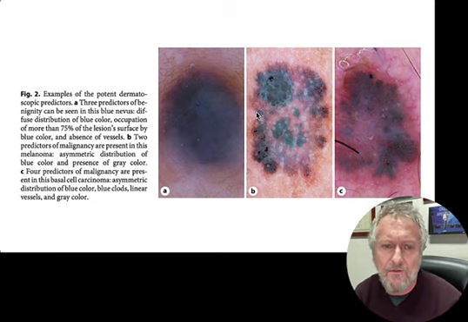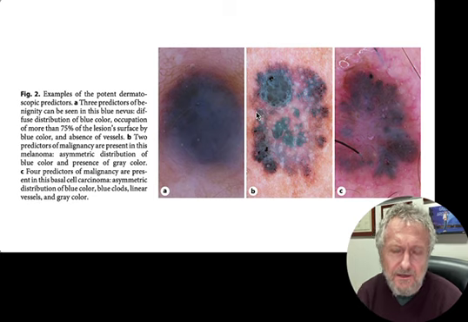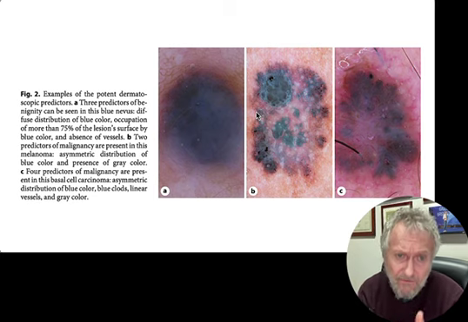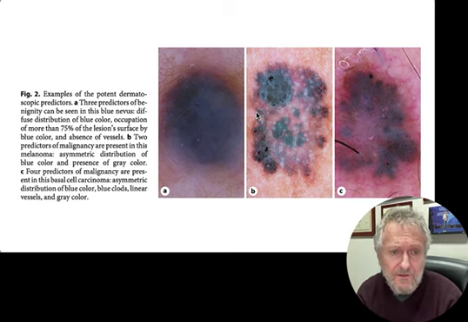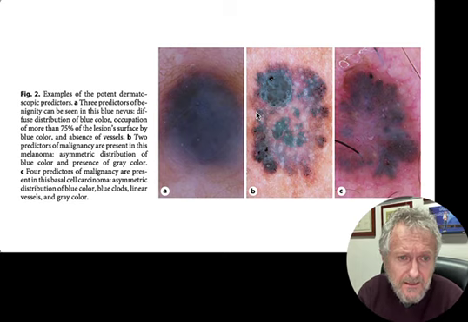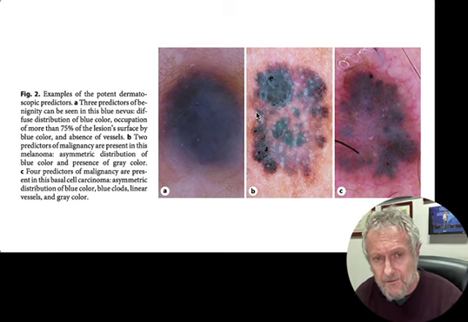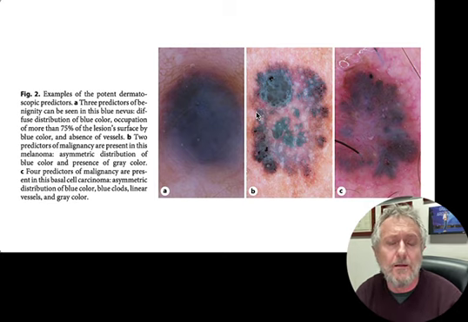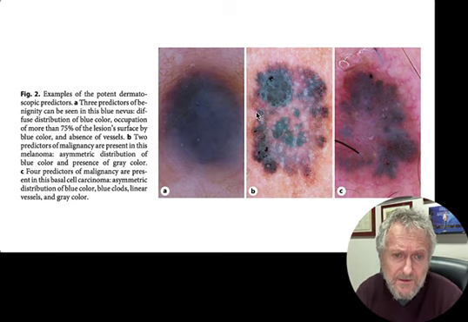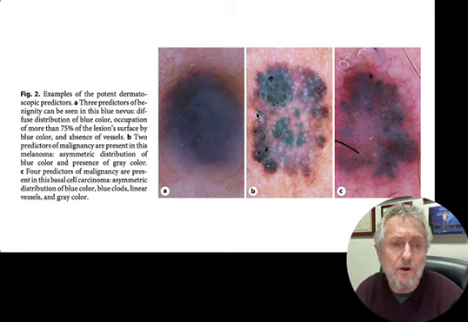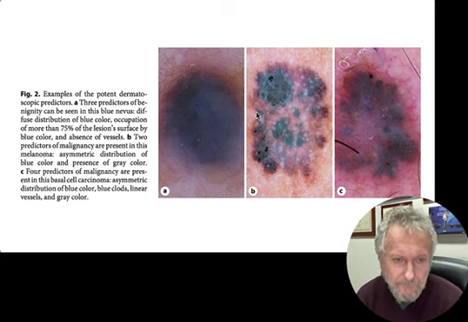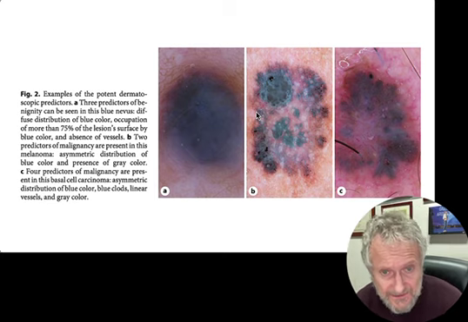Here on the left, you can see a classical blue nevus, which is predominated by the three features mentioned by the two Lallas: blue color occupying the entire surface, so more than 75%, the homogeneous and diffuse characteristic of the blue color, and the absence of vessels.